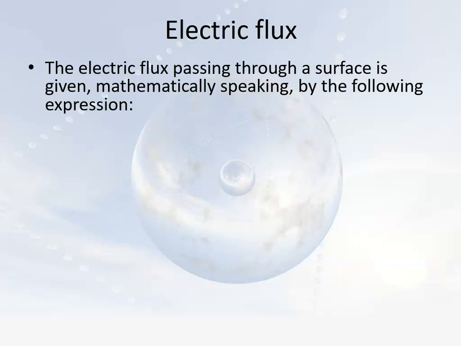The electric flux through a surface is given, mathematically speaking, by this potentially intimidating expression: the double integral of the electric field vector dotted with the infinitesimal area of the surface. In some situations, we might actually have to calculate this integral using calculus.